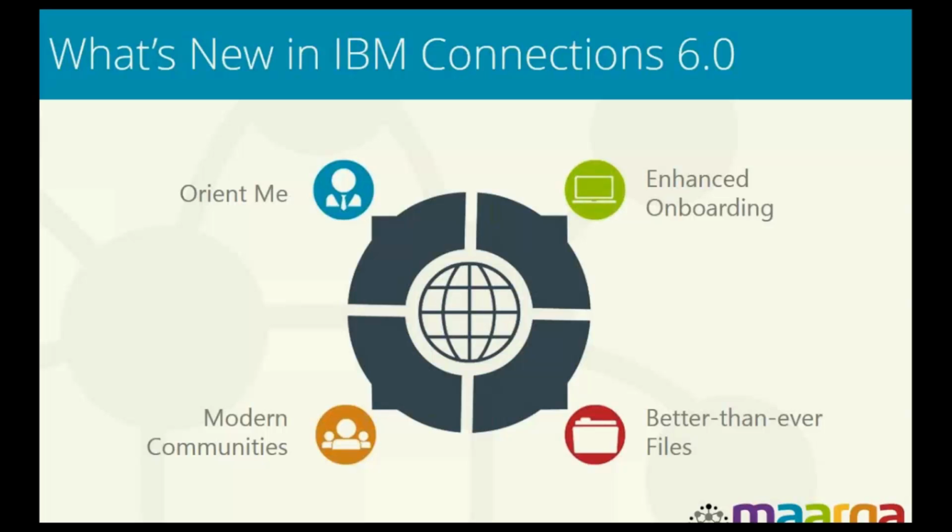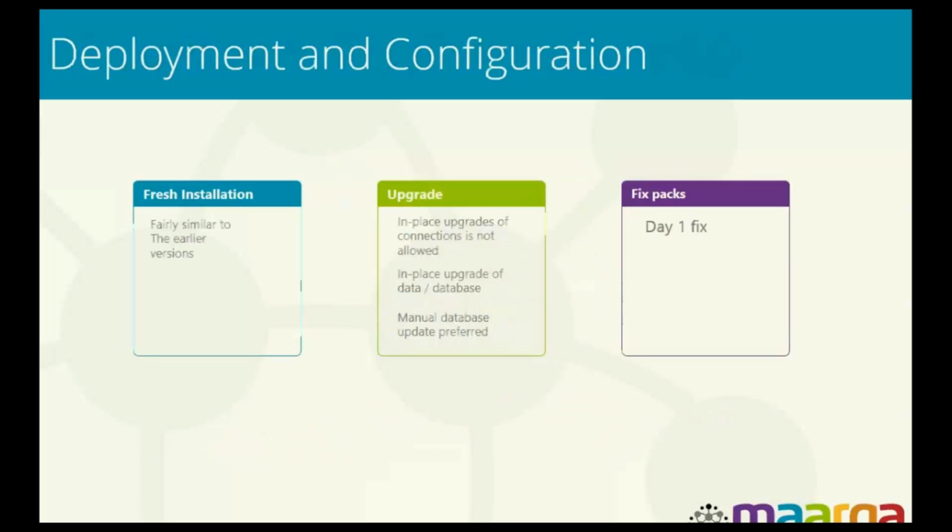The next one is enhanced onboarding. IBM has chosen to integrate Touchpoint with this version of Connections, and that takes care of a lot of things that Sam will describe in detail to you. Then there are the modern communities and the files. Files has a few interesting features that we will see in detail in the slides coming forward.